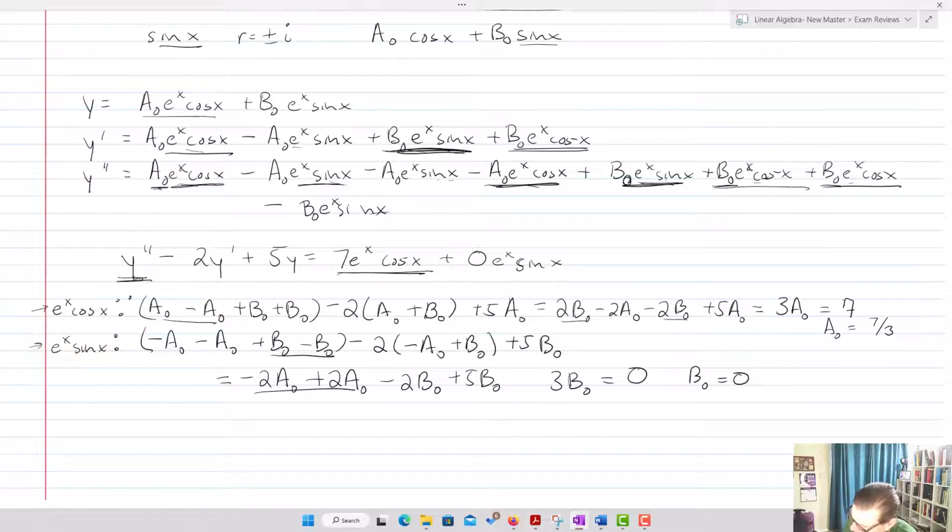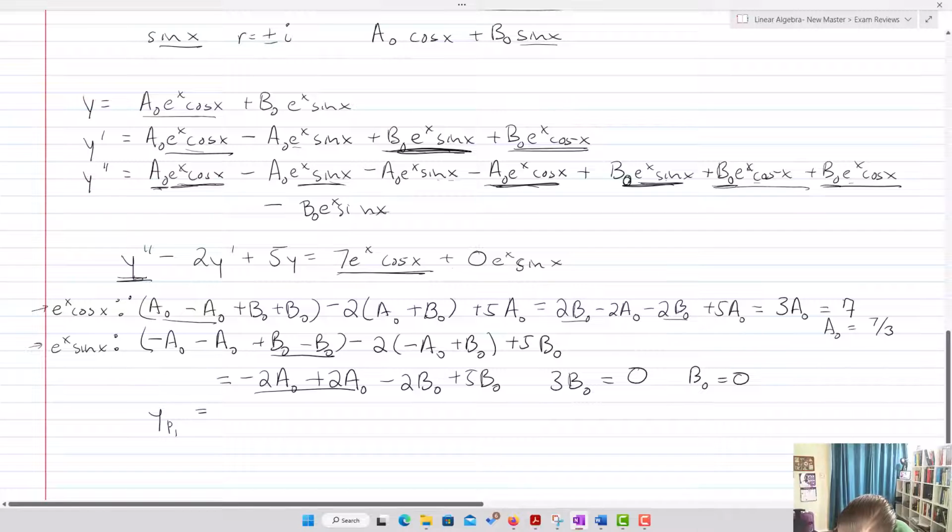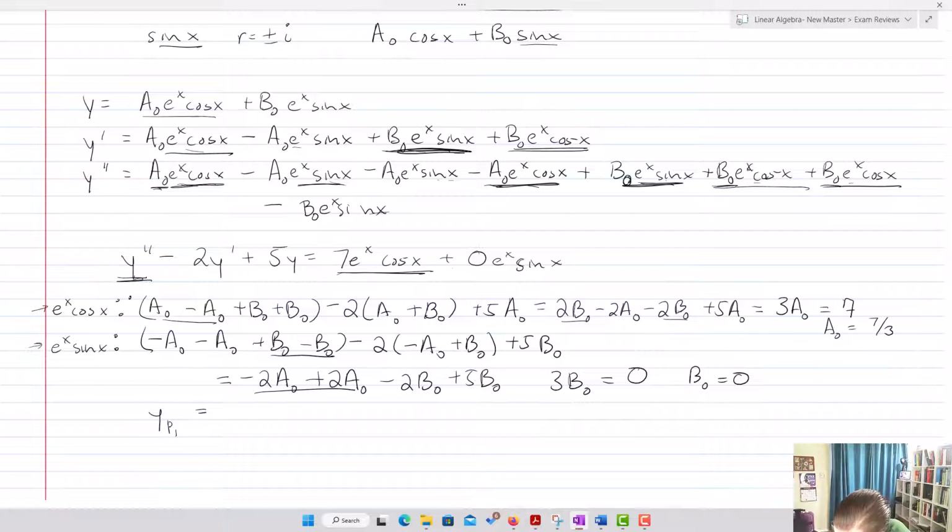So my first particular solution, we'll call this yp1, is going to end up equaling 7/3, and notice it's going to be 7/3 e to the x cosine x. The b naught is 0, so the e to the x sine x goes away. We don't have to worry about that anymore. So that's the first half to my solution.